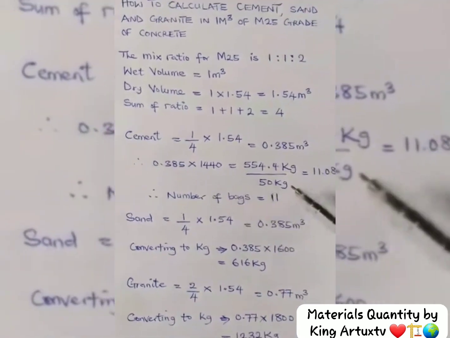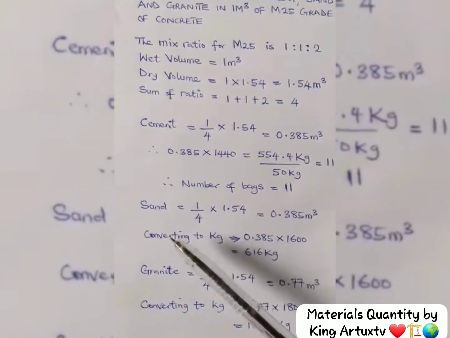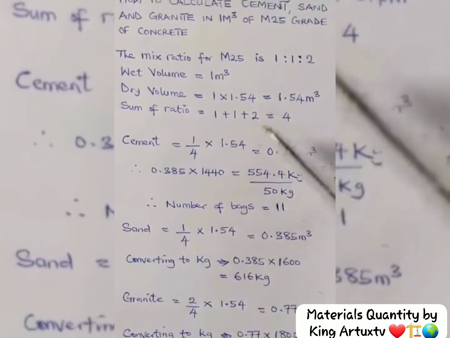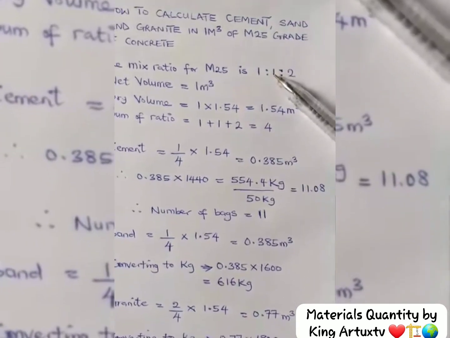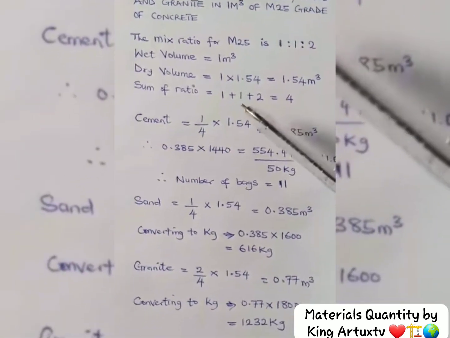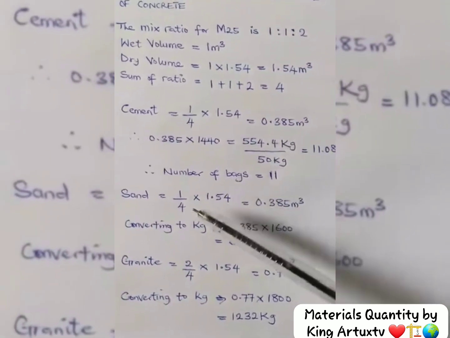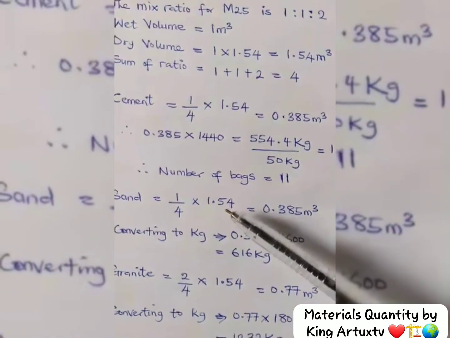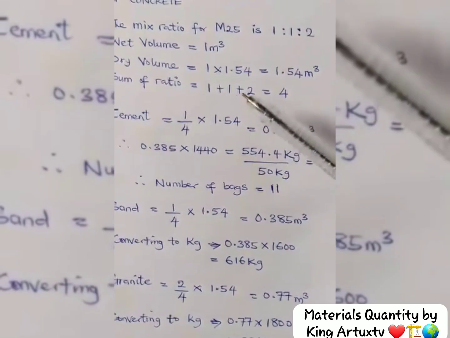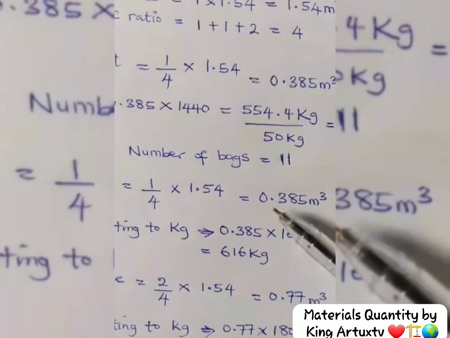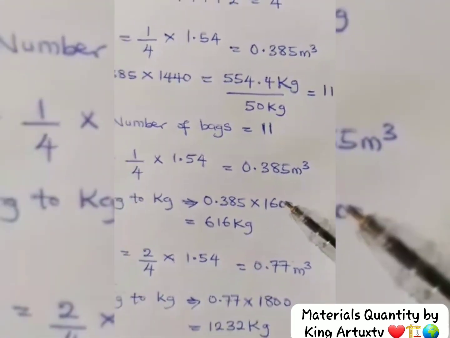Once you have gotten the cement, you have to calculate for the sand. For the sand, you have 1 divided by the sum of ratio, which is 4, multiplied by 1.54, which is the dry volume. So you have 0.385 cubic meter.